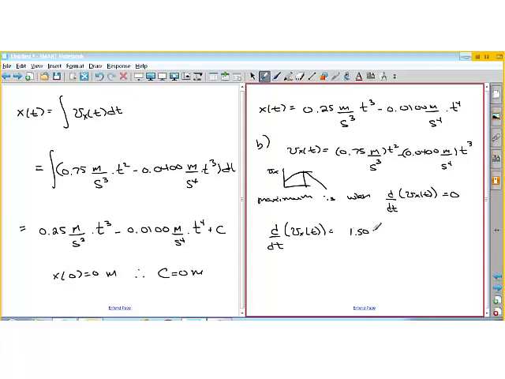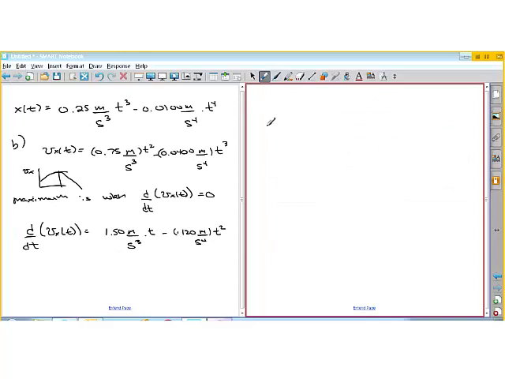So what you get is 1.50 meters per second cubed t minus 0.0400, and we're going to multiply that by 3. The derivative of t squared is 2t. The derivative of t cubed is 3t squared. So if I multiply this by 3, I get 0.120 meters per second to the fourth times t squared. And you set that equal to 0.